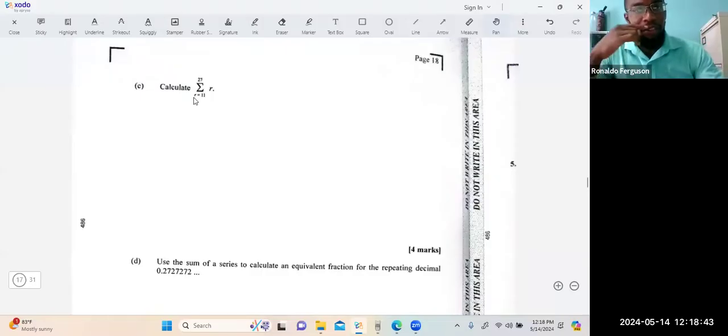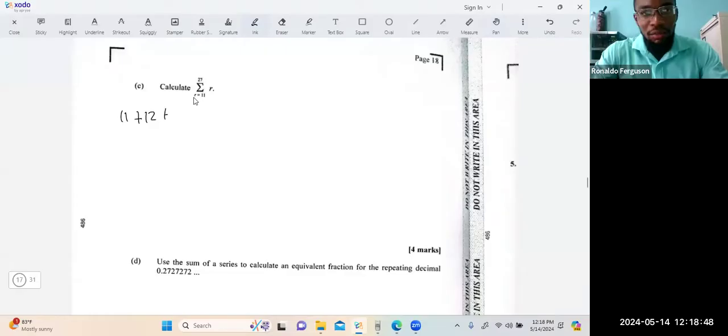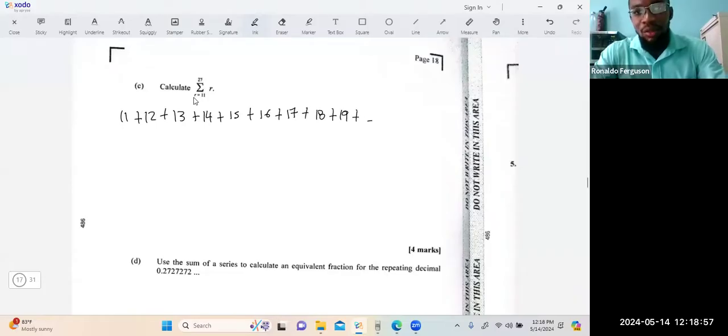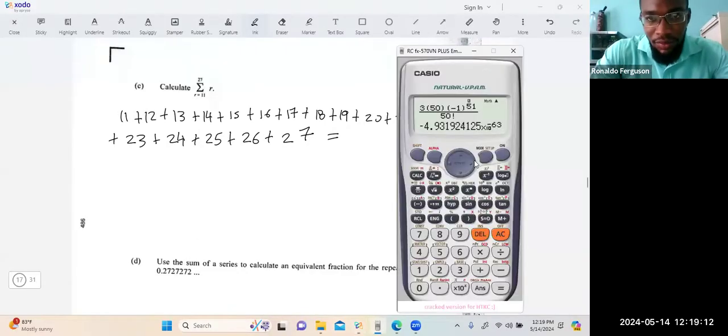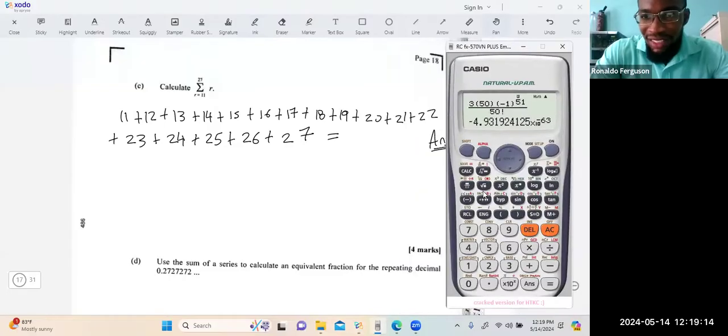Calculate the sum from 11 to 27. You literally can just add 11 plus 12 plus 13 plus 14 plus 15 plus 16 plus 17 plus 18 plus 19 plus 20 plus 21 plus 22 plus 23 plus 24 plus 25 plus 26 plus 27. Now add that up. That's very easy.